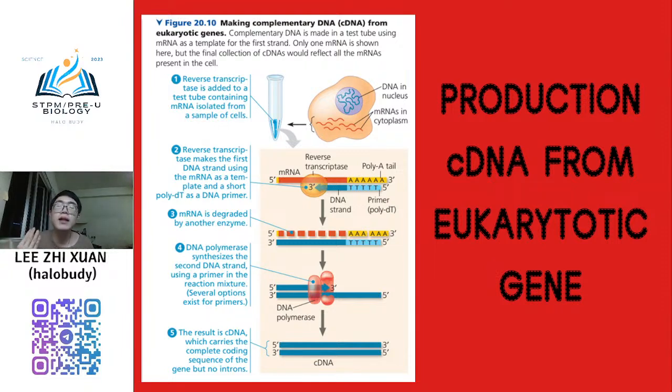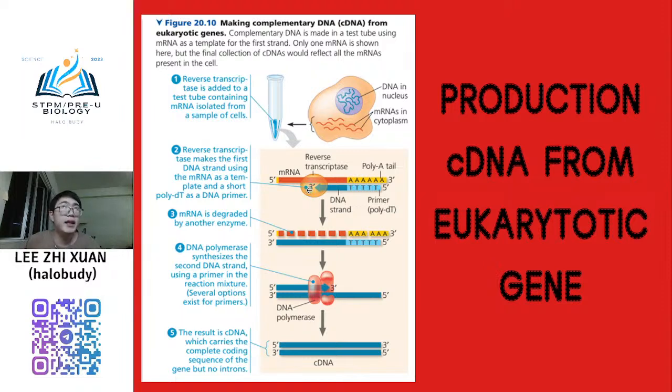It looks like the DNA replication process, but the difference is that in DNA replication you use DNA as the template to produce the double-stranded DNA. But for now, the template changed to mRNA.